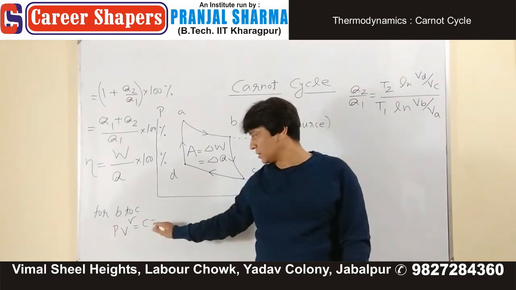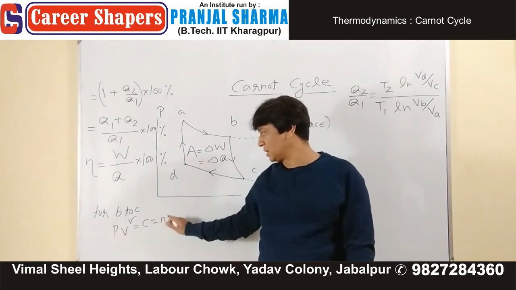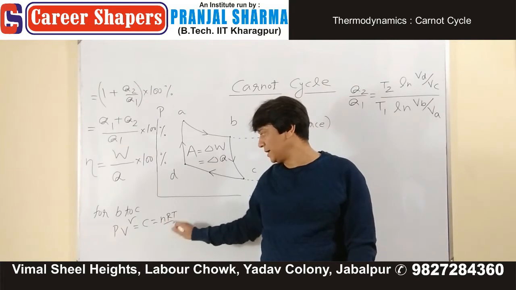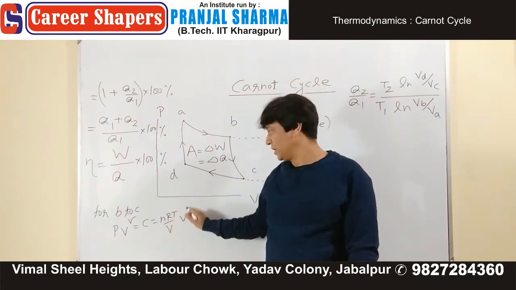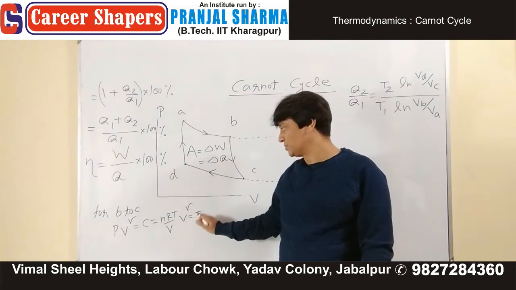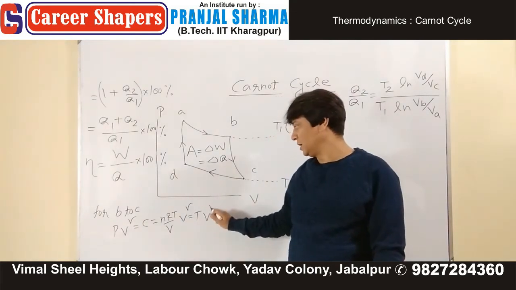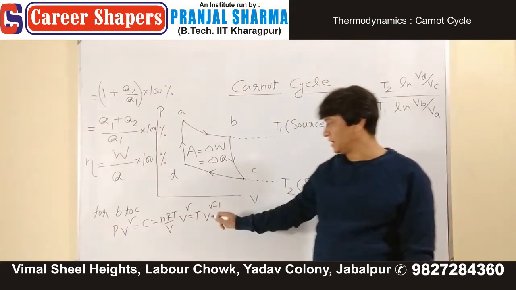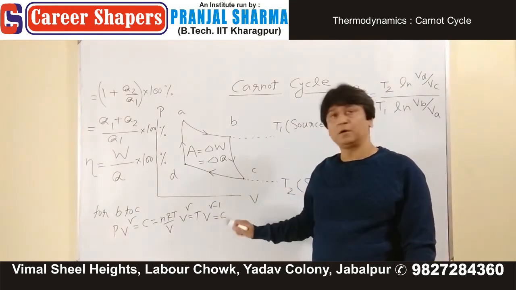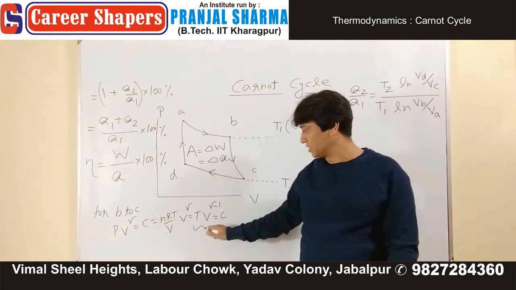Then you replace P with nRT upon V, since PV equals nRT, times V to the power gamma, which gives us T V gamma minus 1. So you can always say that TV gamma minus 1 is constant. So we are using this.